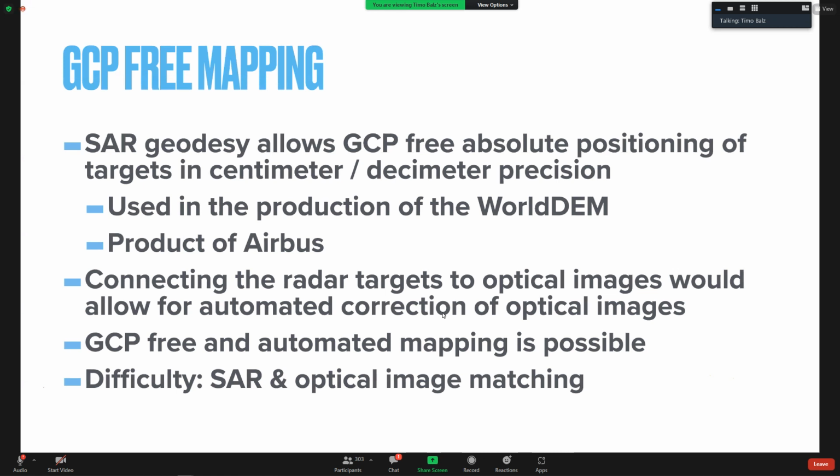And that has actually been used in the production of the World DEM, of the TanDEM DEM. They have used this technique to get the ground control points. In that case, it's actually not really a ground control point anymore, right? Because nobody has been at the ground to get these control points, where the DEM is then anchored.